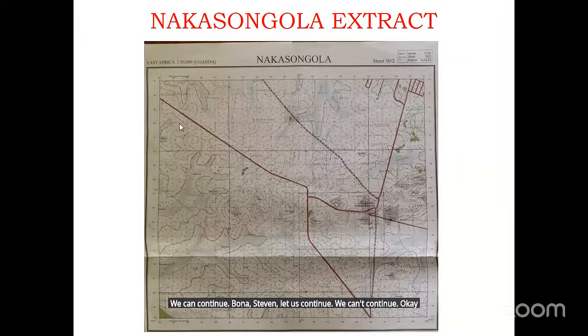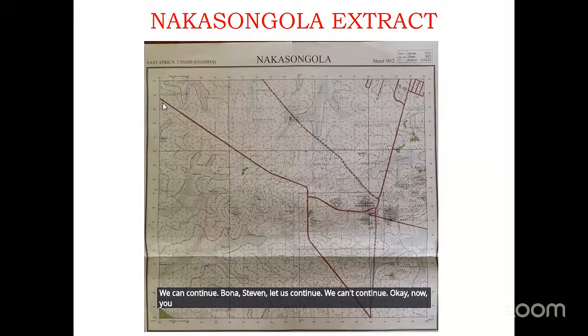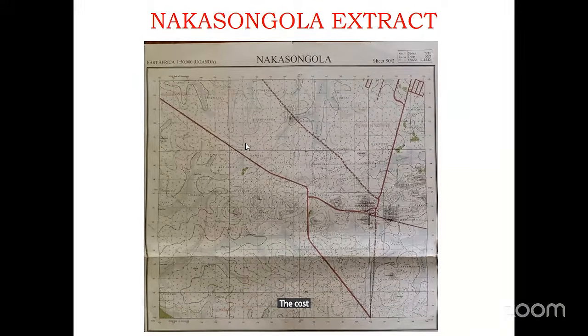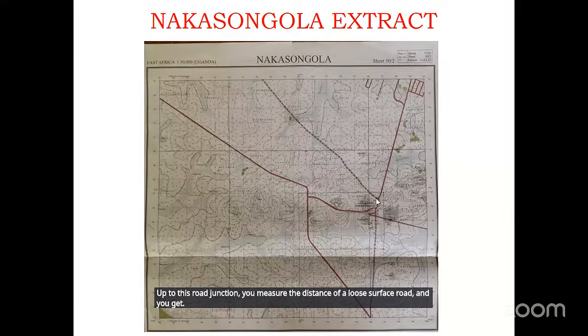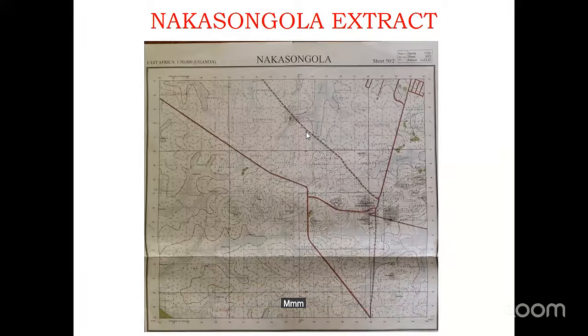Now, dear candidates, if they tell you to determine distance, you don't calculate the cost, but the task will be showing you what to do. If, for example, you measured from here on this map at this point up to this road junction, you measure the distance of a loose surface road, and you get 5.6 kilometers, you are going to state that.